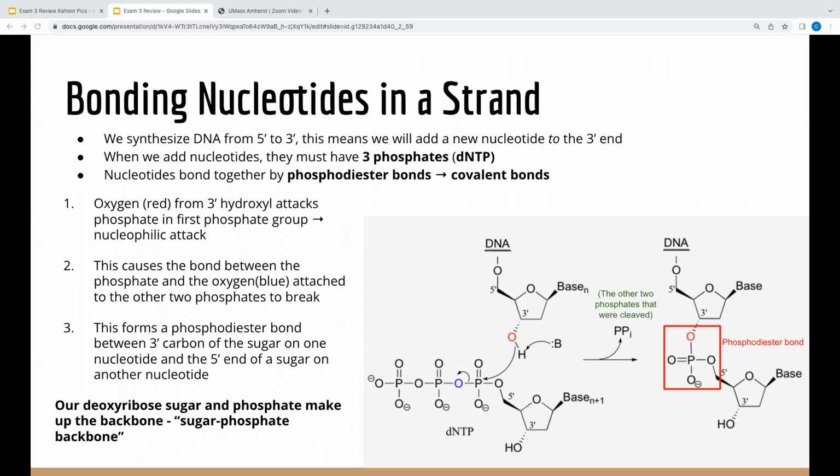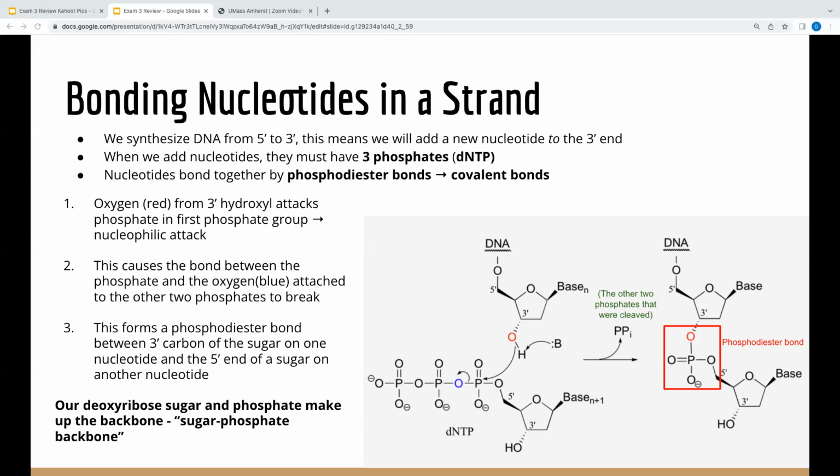The bonding in the strands occurs because the oxygen of the sugar is going to be pairing with this phosphate, and it'll create the phosphodiester bond between the 3' end and the 5'.